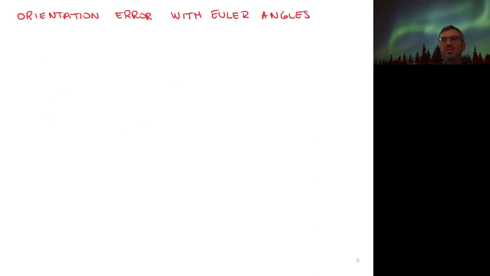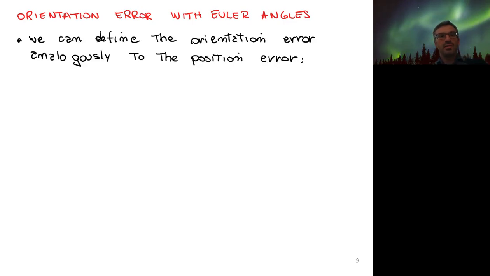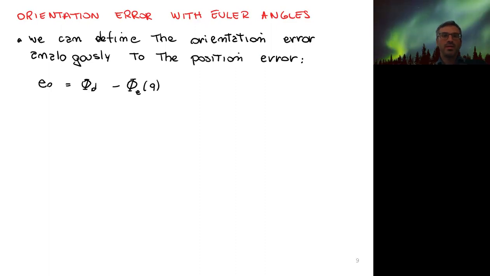So let's now define the orientation error in another way, using, for example, the other representation that is the Euler angles. In the case of the Euler angles, things are easier because you can define the orientation error the same way as the position error. So you take the set of Euler angles representing your desired orientation, and you subtract from that the set of Euler angles representing the actual orientation of the end effector.